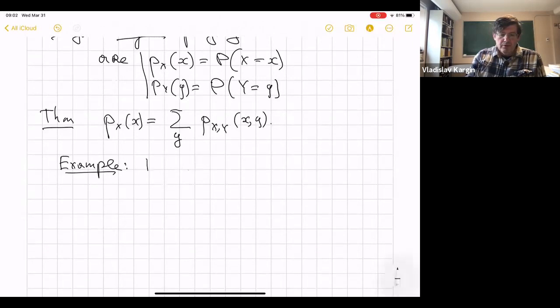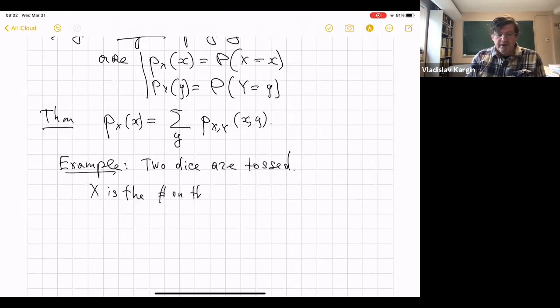Two dice toss. So X is the number on the first die.